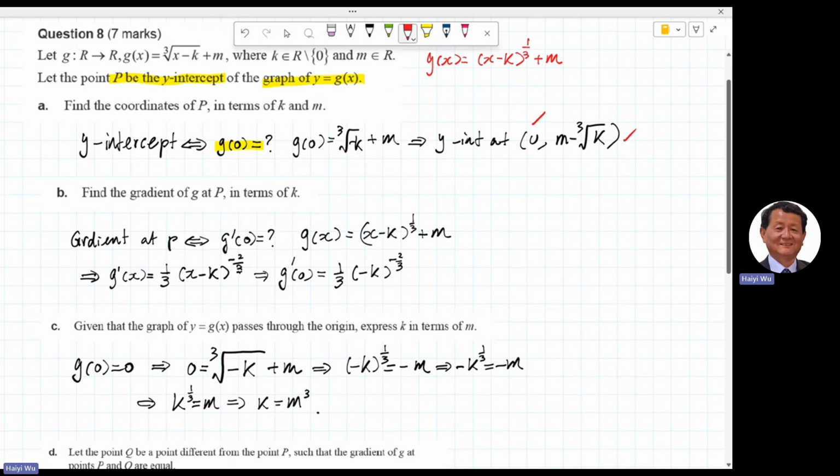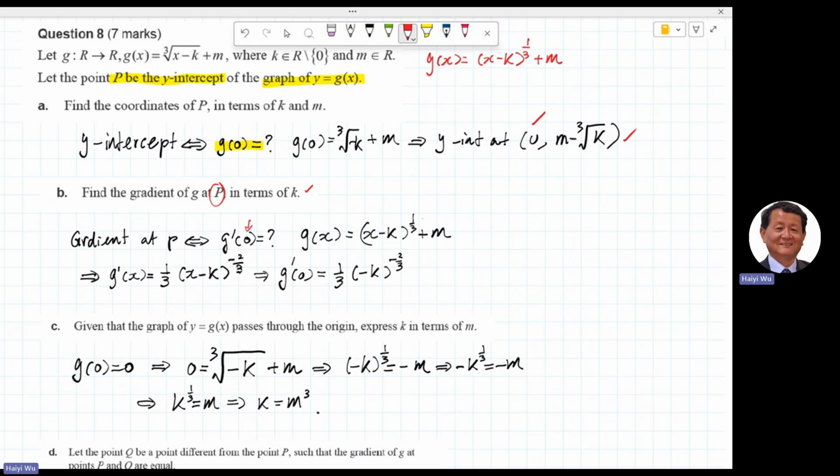Easy for question A. Question B, find the gradient at P in terms of k. So point P, which means finding the gradient at the y-intercept. Gradient means you find the derivative of g when x equals 0. So let's find the derivative first.